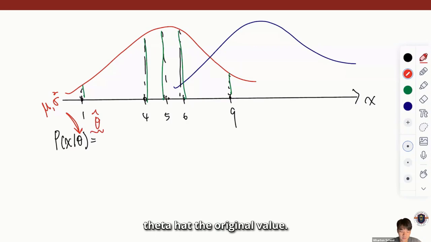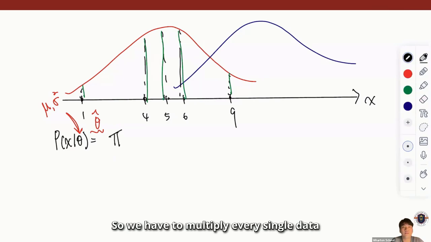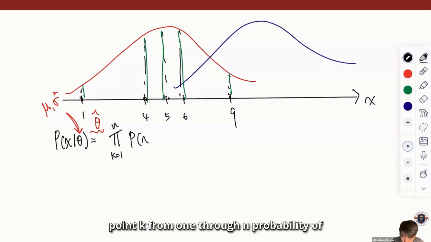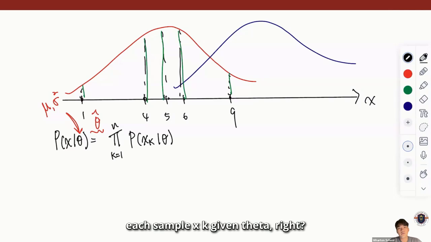So theta hat maximizes the likelihood of theta, as we mentioned earlier. We have to multiply every single data point, from 1 through n, the probability of each sample x_k given theta, right? The value of theta that maximizes the likelihood function is considered the most plausible estimate of theta.